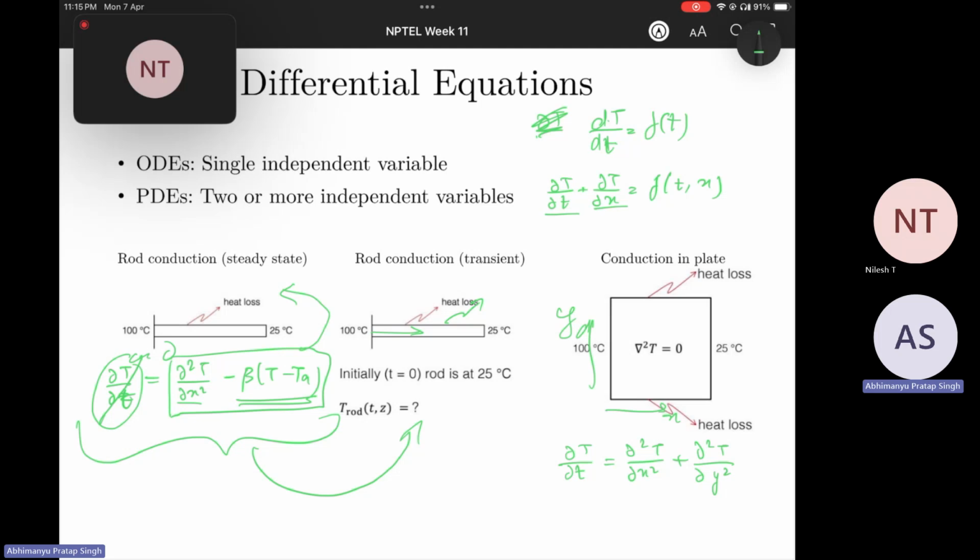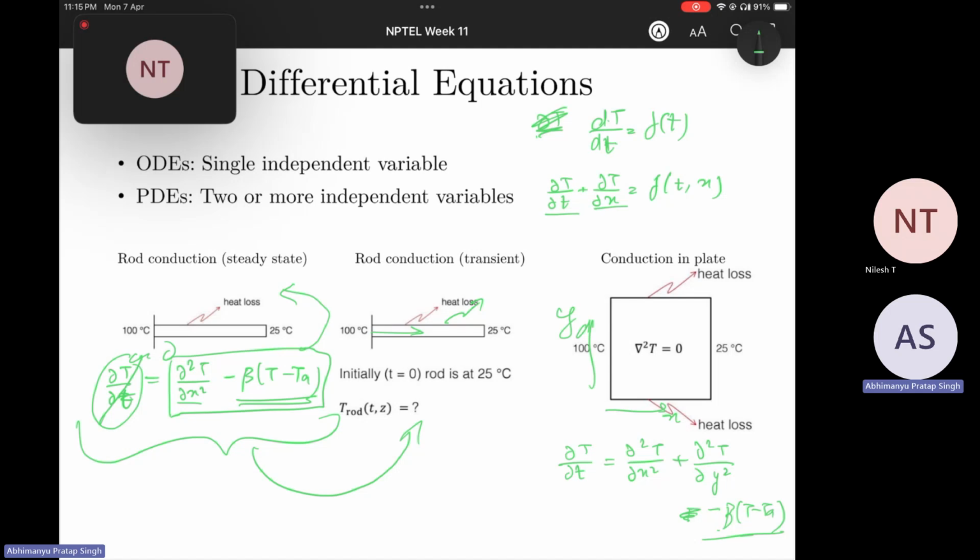This will be my d squared T by dy squared, and if there is some heat loss, we get minus some terms. This is heat loss due to convection or radiation, and this is due to conduction, the heat flow across this plate in this direction and in this direction.